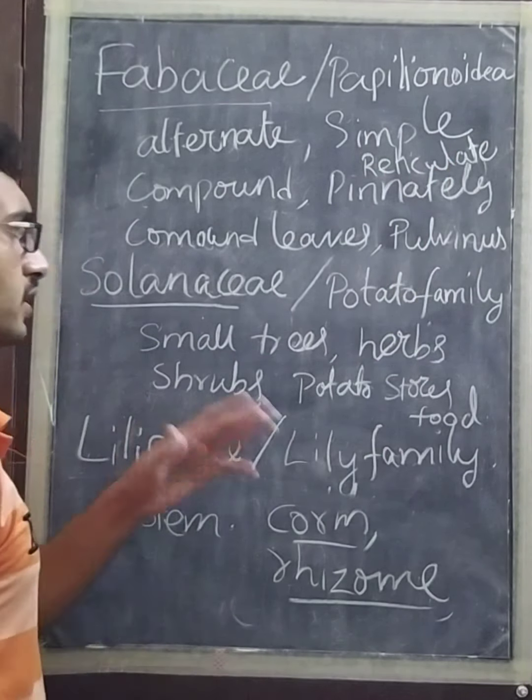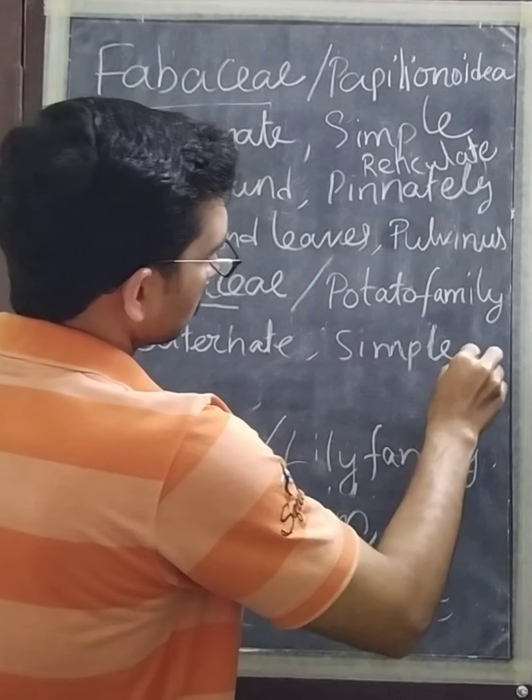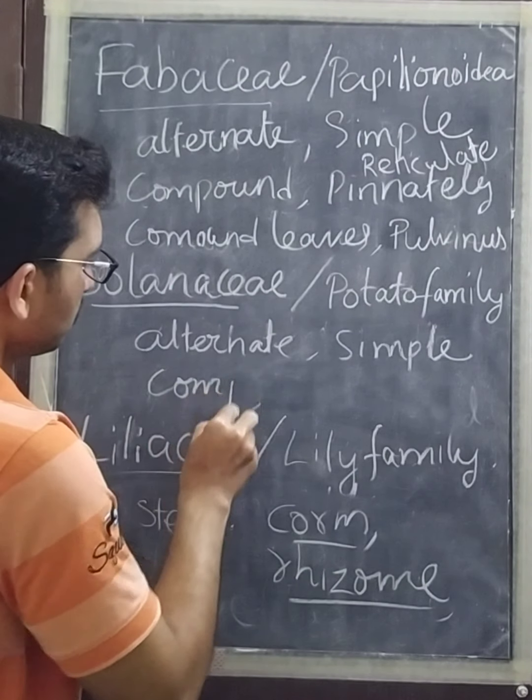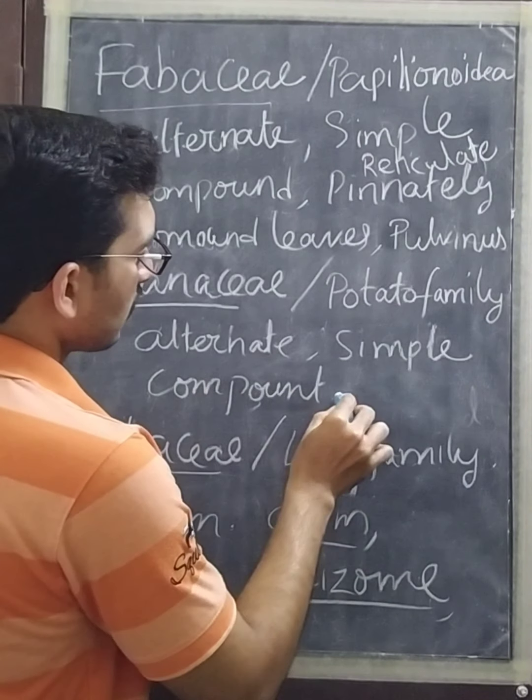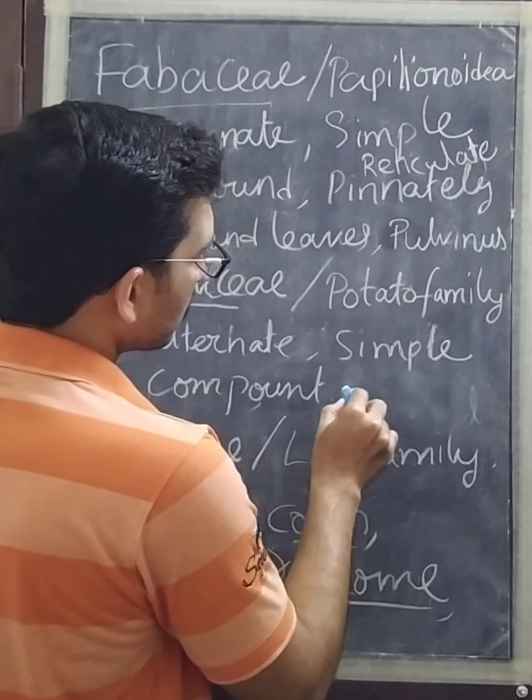The Solanaceae family also belongs to the dicotyledonous plants. Now let's see the leaf of Solanaceae. The leaves are also alternate, simple, and compound leaves are rarely found, and they are exstipulate.